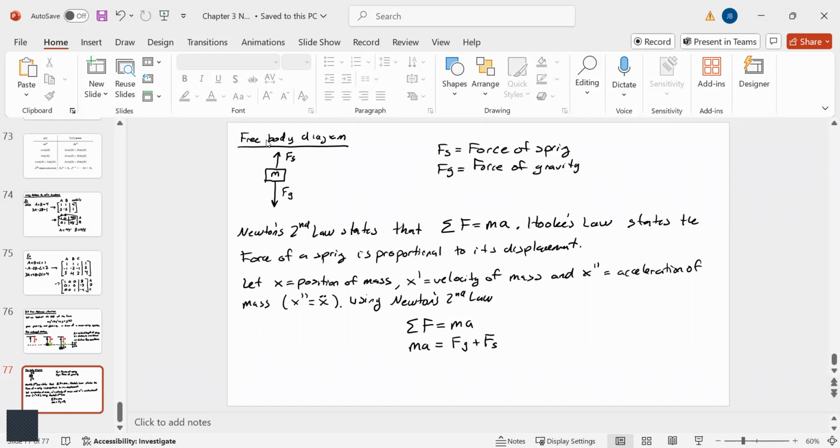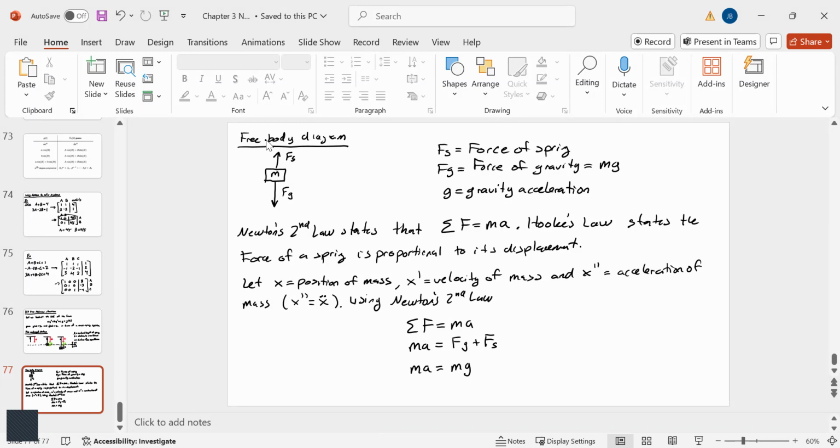Well, g is gravitational acceleration, which means the force is defined by mass times acceleration, mg. So the force of gravity is mg.